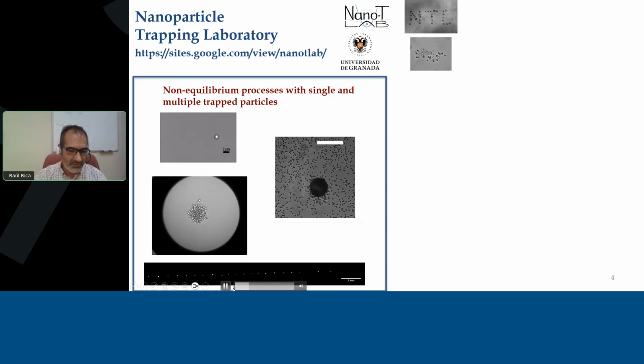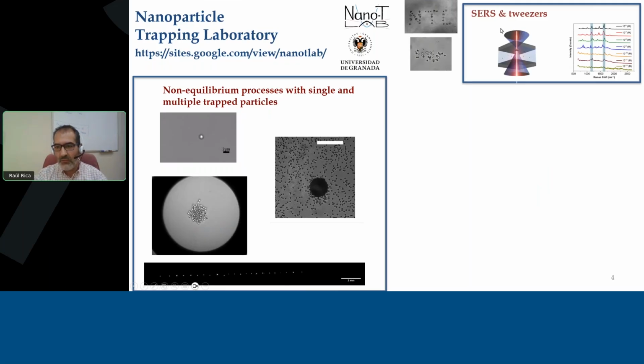Down here, these are levitated particles that are trapped in a Paul trap at ambient pressure, and they are compressed and expanded by changing an external electric field.